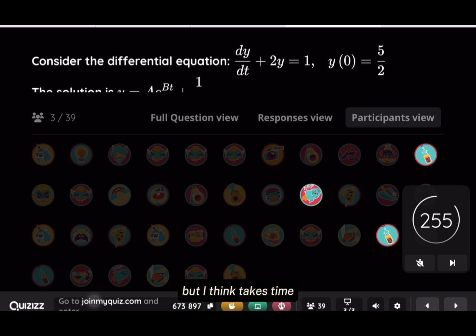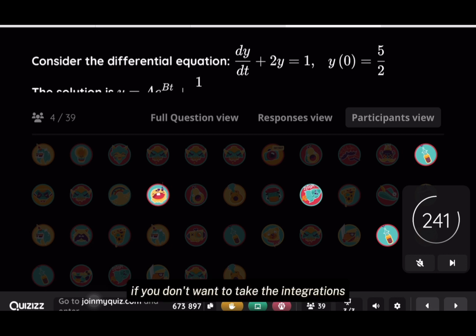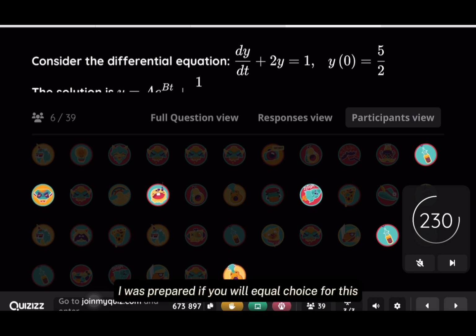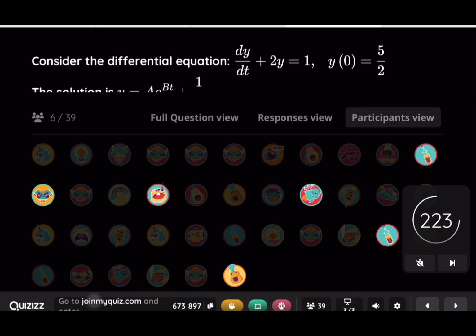But I think it takes time. Yeah, you can check the numbers if you don't want to take the integrations. I was prepared to give you multiple choice for this, but I think if you are clever enough, you will check one by one and then you will get the answer easily.